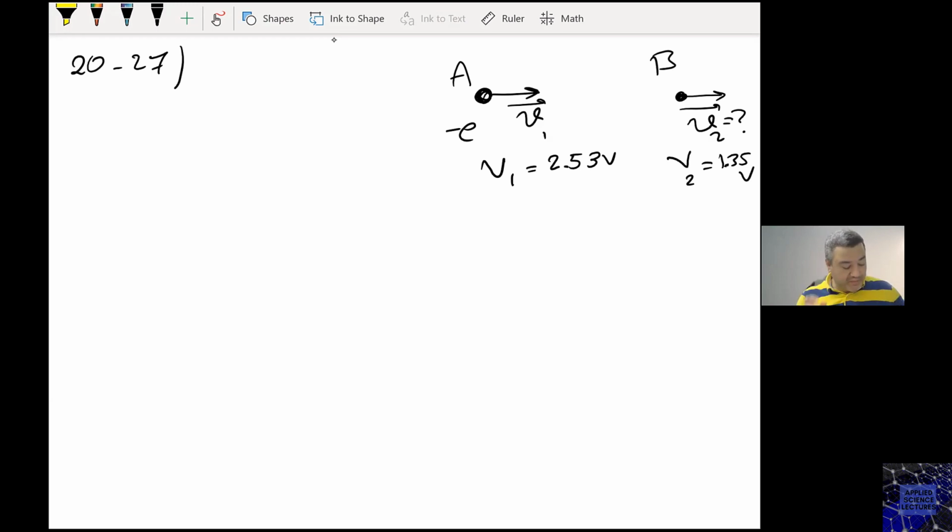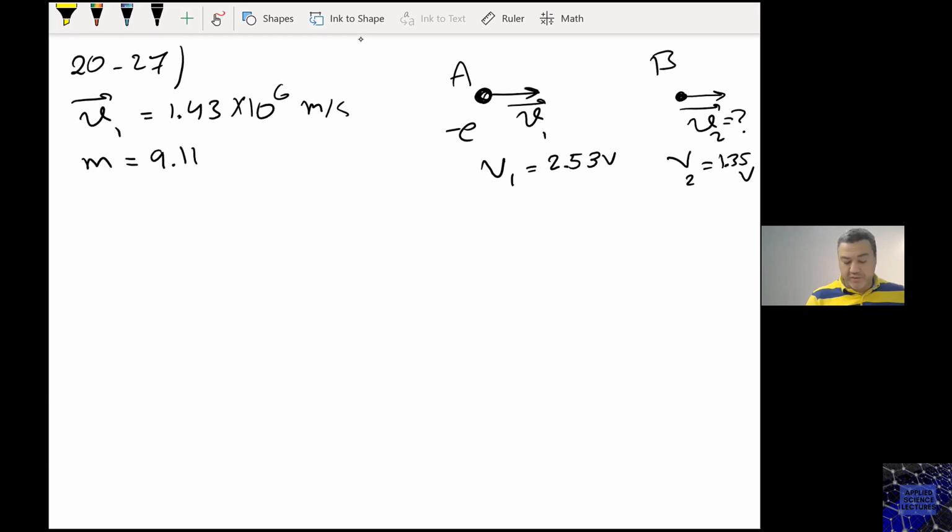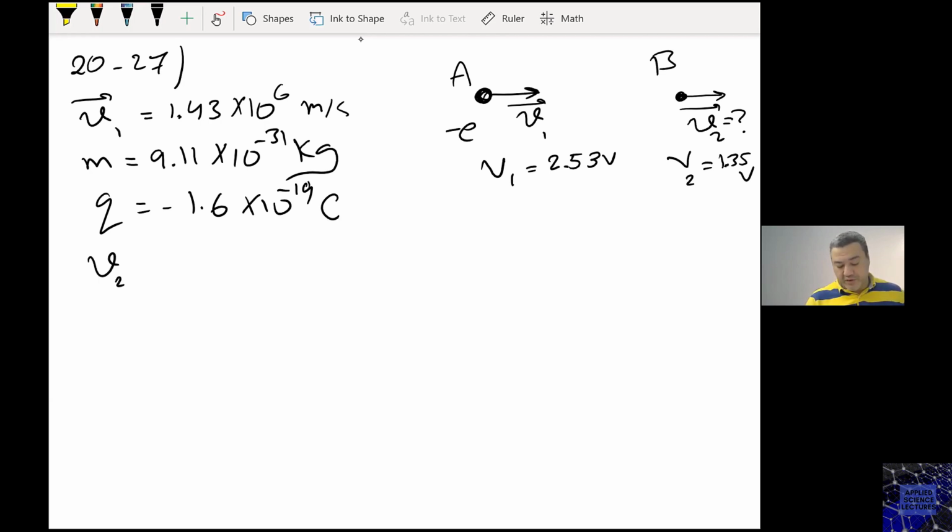We need to calculate the speed at point B. So we have V1 1.43 10 to the power 6 meter per second. M for the electron is 9.11 10 to the power minus 31 kilograms. Charge is minus 1.6 10 to the power minus 19 coulombs. We need V2.